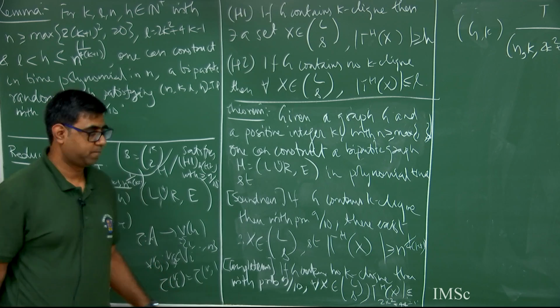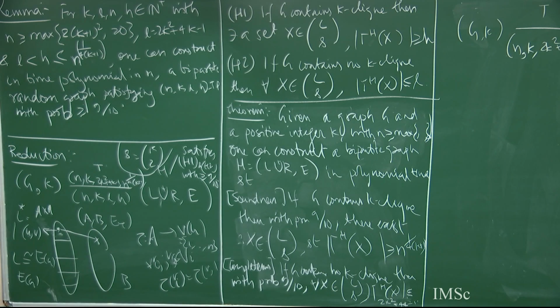It just depends on whether the threshold graph satisfies this property with probability 9/10. We are not doing any randomization in the reduction. Once I give you the threshold graph, the construction of this graph is deterministic polynomial time, and all the properties are predetermined once G and the threshold graph get fixed. Whether this has the property depends on whether the threshold graph satisfies it, because you are doing nothing else in this construction.